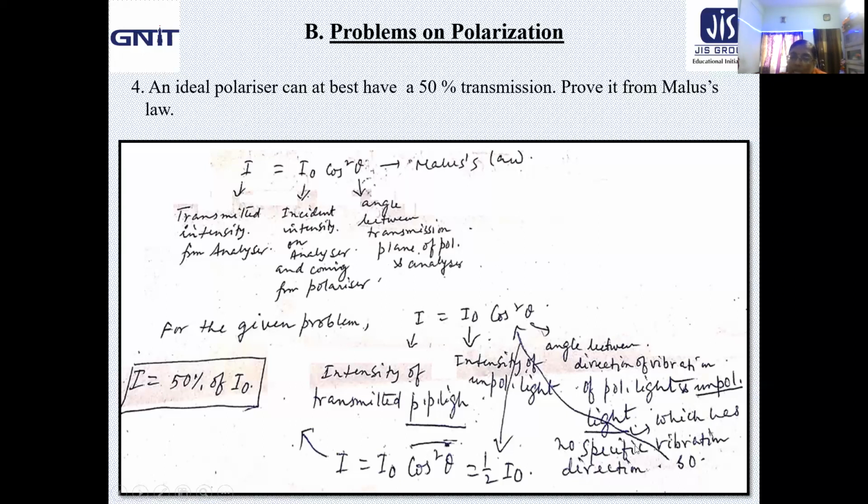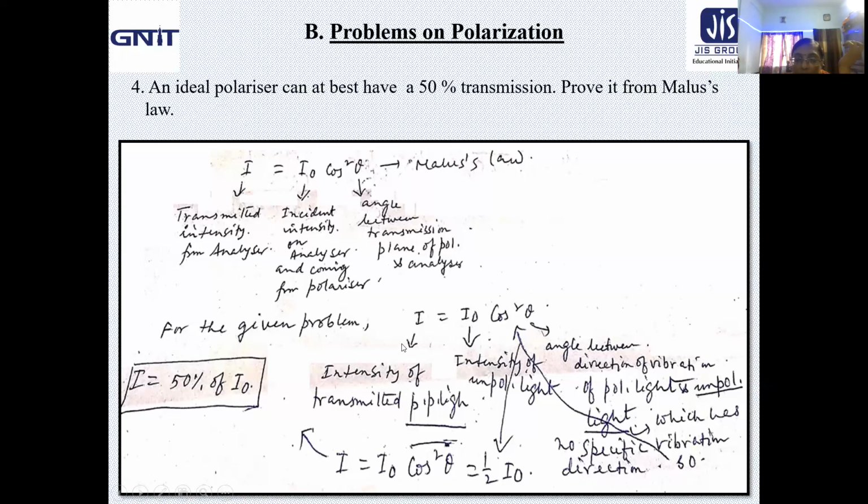Now for unpolarized light, we know that all vibration directions perpendicular to the direction of propagation are equally possible. So theta cannot be specified here, because for unpolarized light no specific vibration direction is there. So theta can be replaced by theta average.